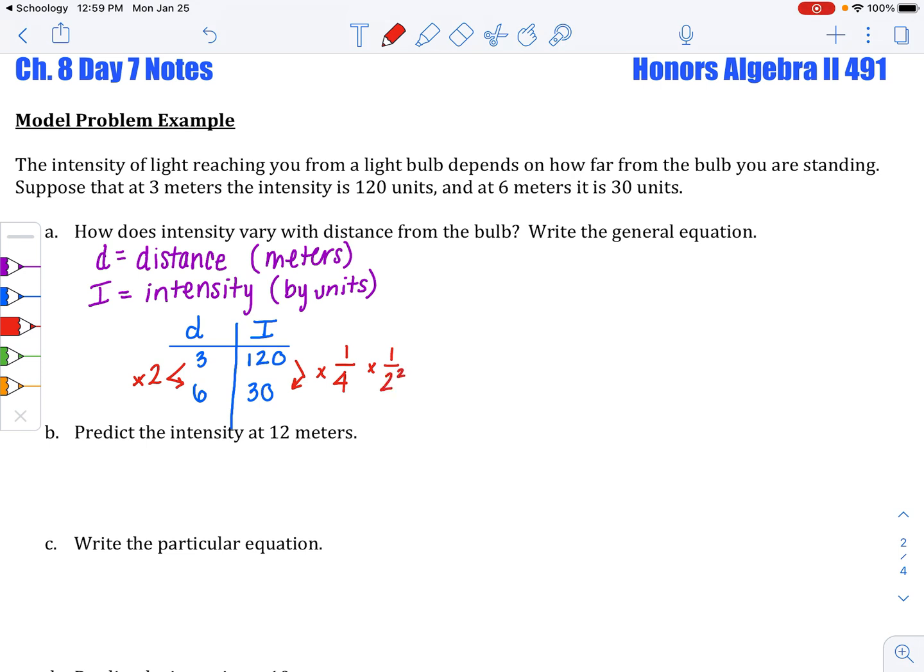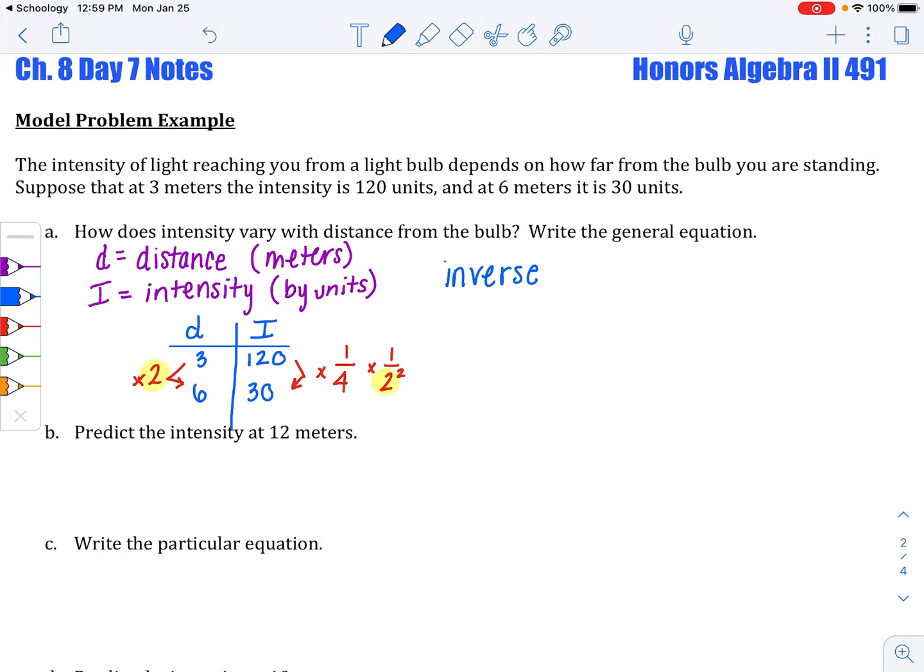The reason why I worked really hard is to get the common base. I know the base on the right is 1/2, so it's not truly the same base, but it's getting that constant the same. So from all of this, I am able to identify that this is going to be inverse.